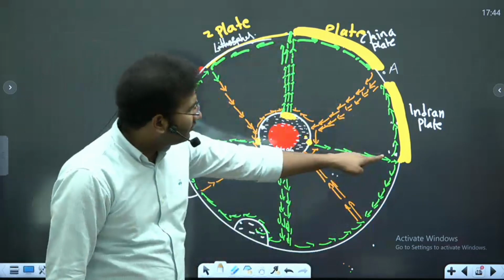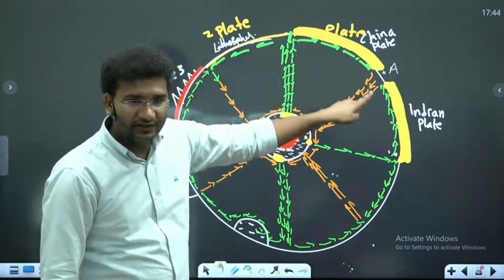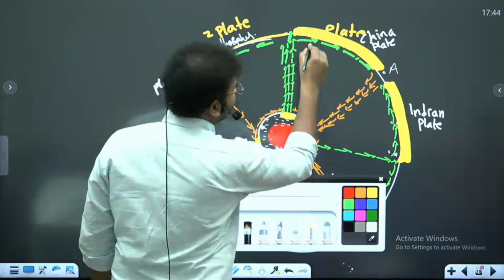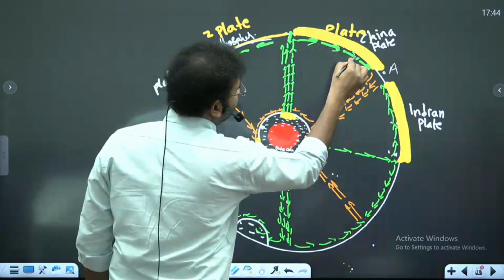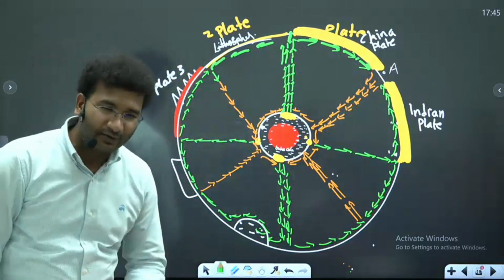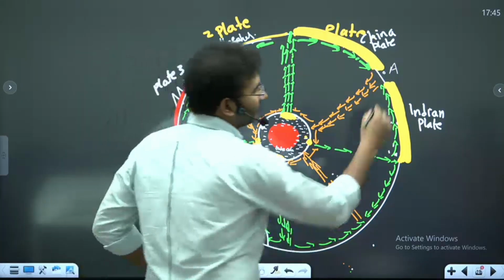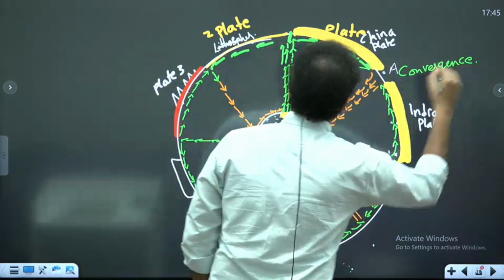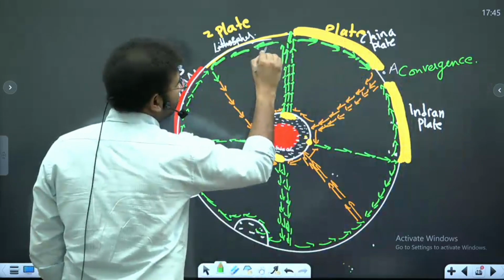See, can you look into the direction here? Mantle convectional cell flow. The mantle convectional cell flow's direction is like this. What is happening here? Convergence. Here, convergence.